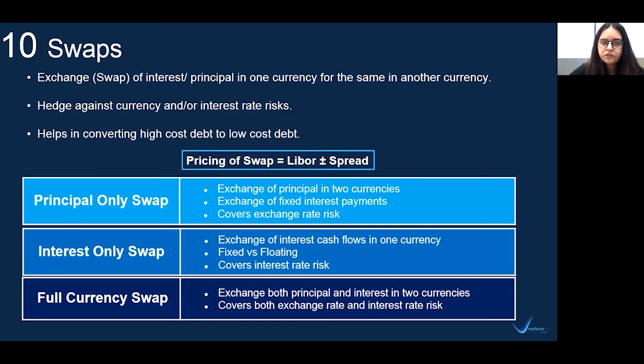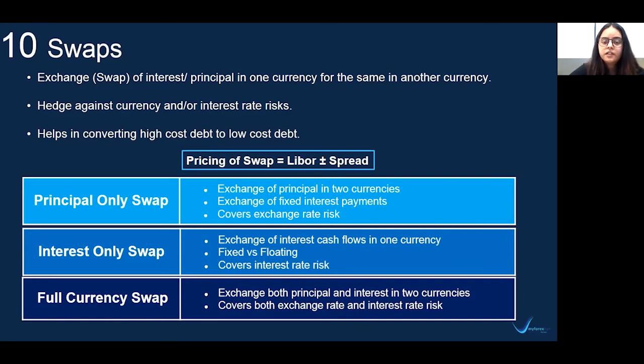There are three kinds of swaps: principal only swap, interest only swap, and full currency swap. In principal only swap, there is exchange of principal in two currencies. The exchange of interest payments are fixed, and this swap covers only the exchange rate risk.